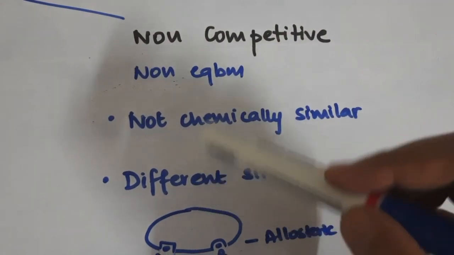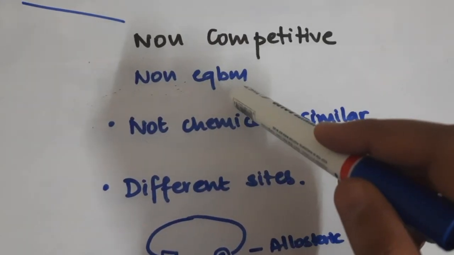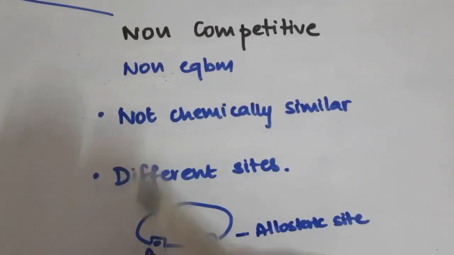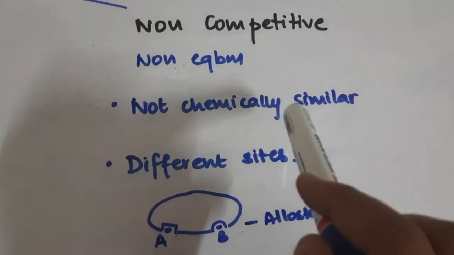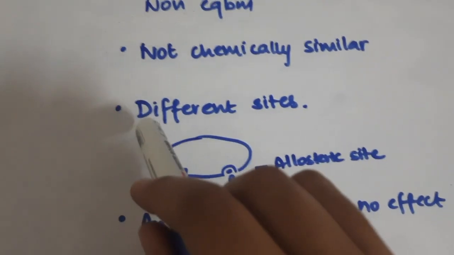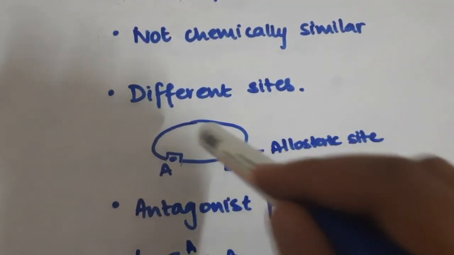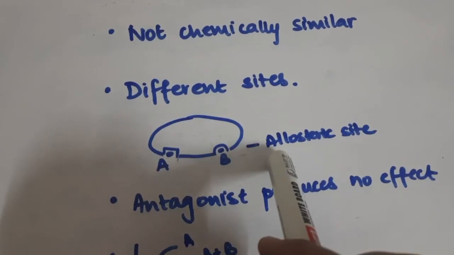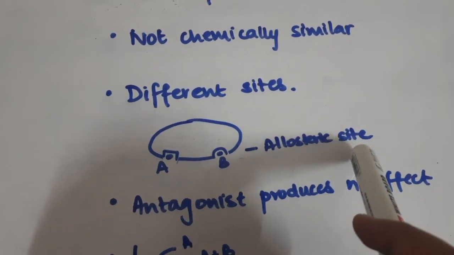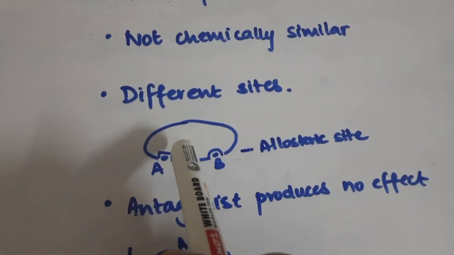In non-competitive antagonism, it is a non-equilibrium type of antagonism, and the drugs are not chemically similar. Drug A and drug B are not going to be chemically similar, and they will also bind to different sites. B will bind to something called an allosteric site. A will bind to its normal site.